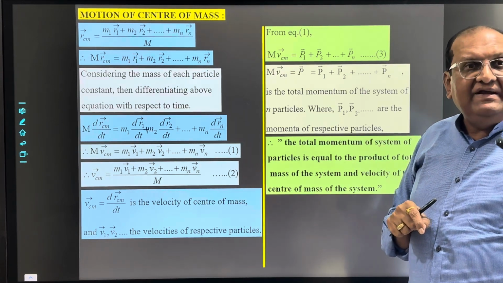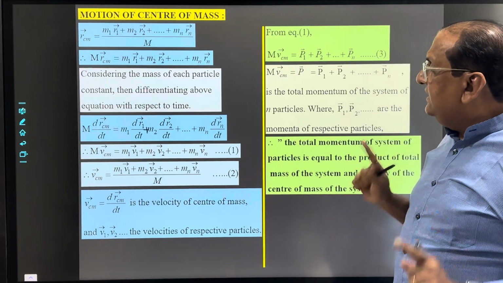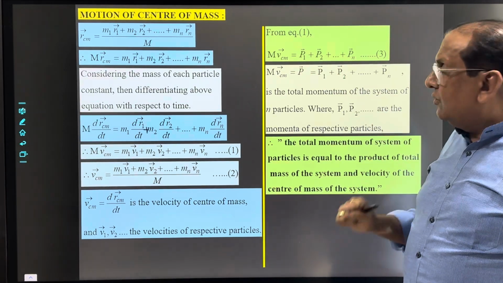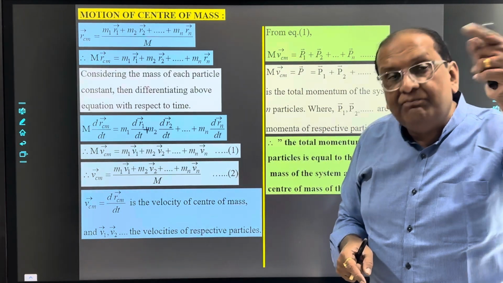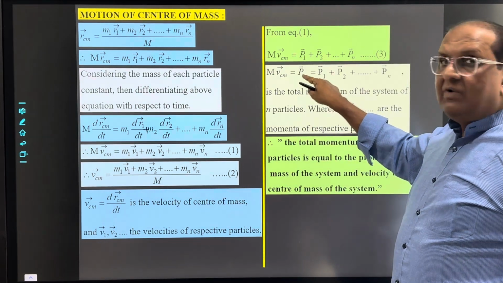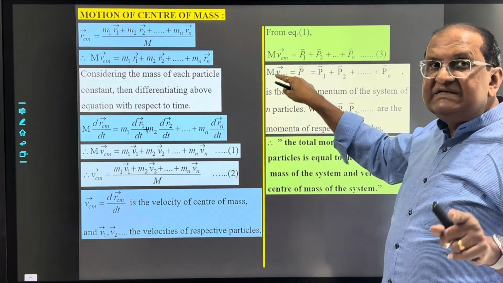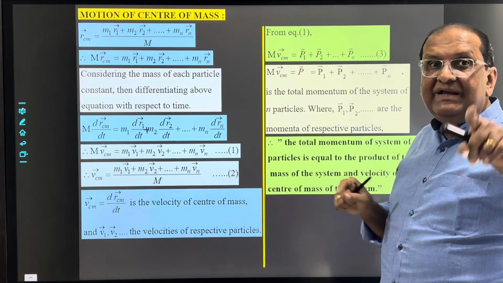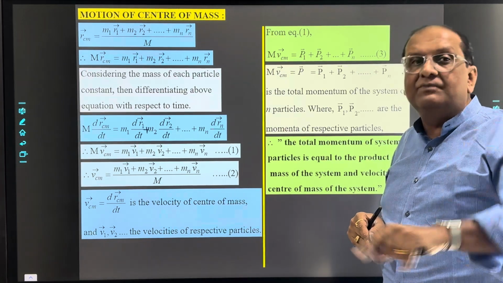When we discussed the definition of linear momentum, we said the linear momentum of a particle is the mass of the particle times the velocity of the particle. Here the total linear momentum of the system equals the total mass of the system times, not the velocity of the system, but V_CM, the velocity of the center of mass of the system.